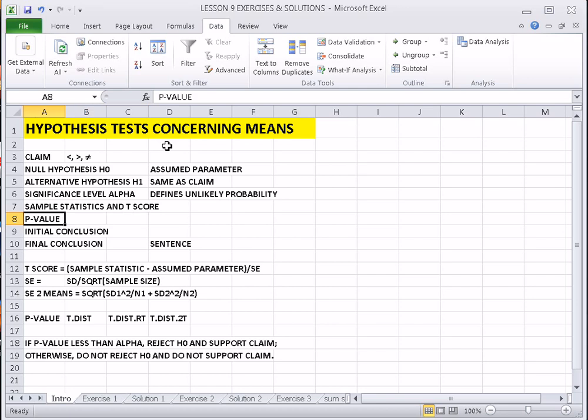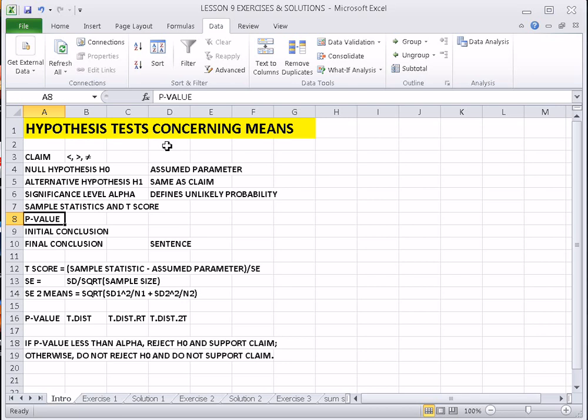Once you have your t-score, you're going to find the p-value, or the probability value. Remember, this is the probability of obtaining a value at least as extreme as the sample statistic you obtained. And by extreme, we mean either smaller or greater as defined by the tails.